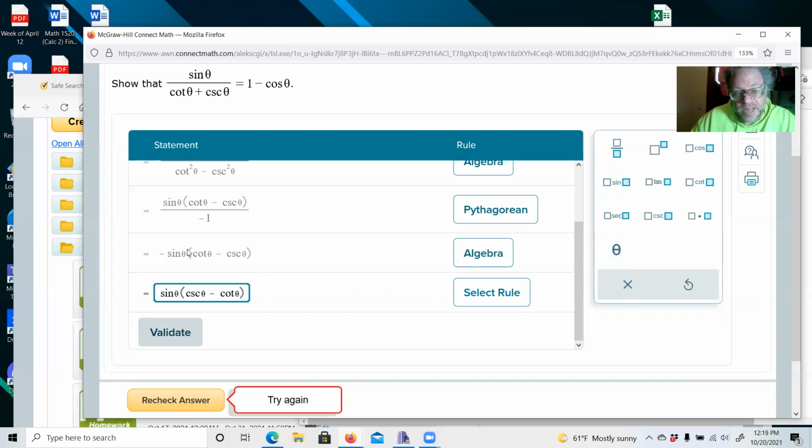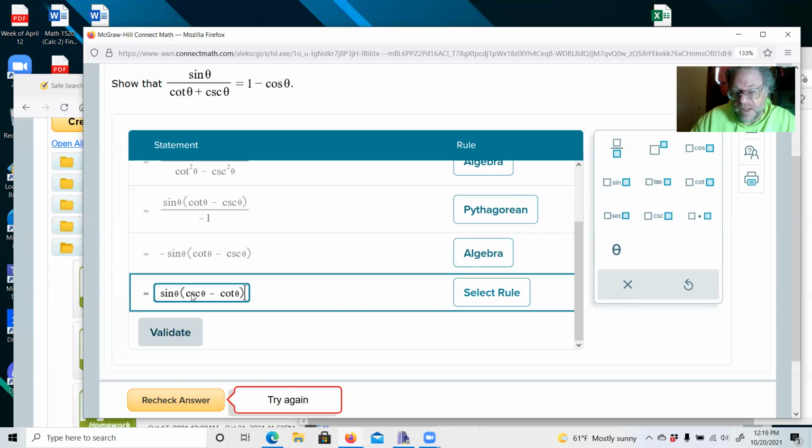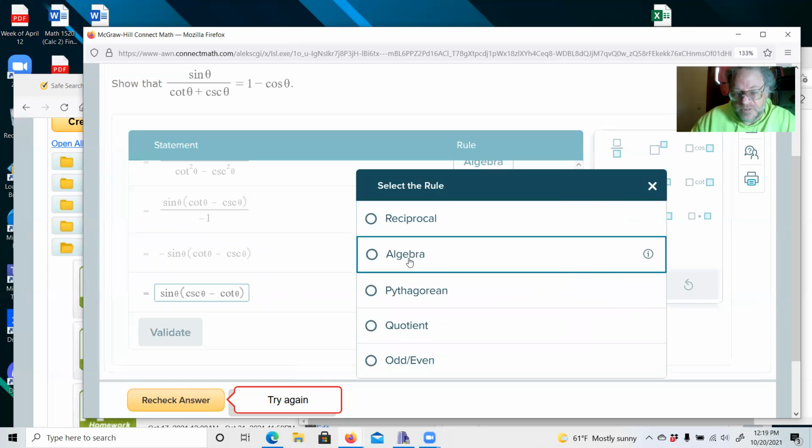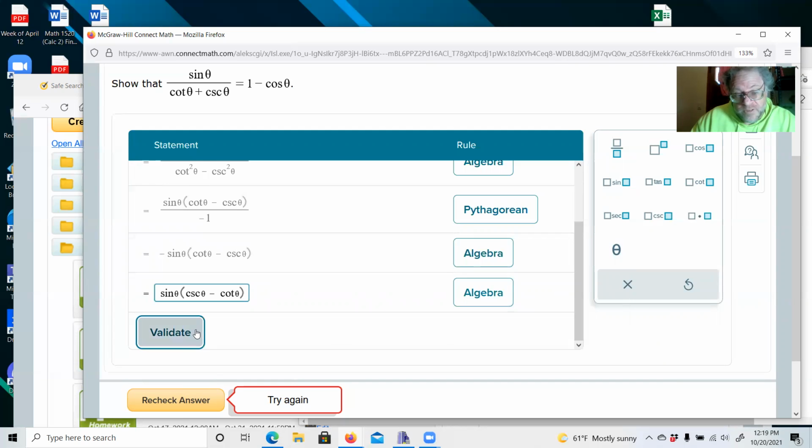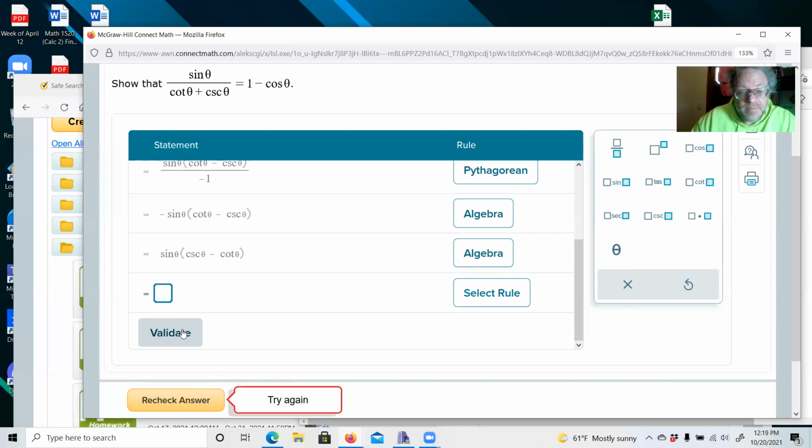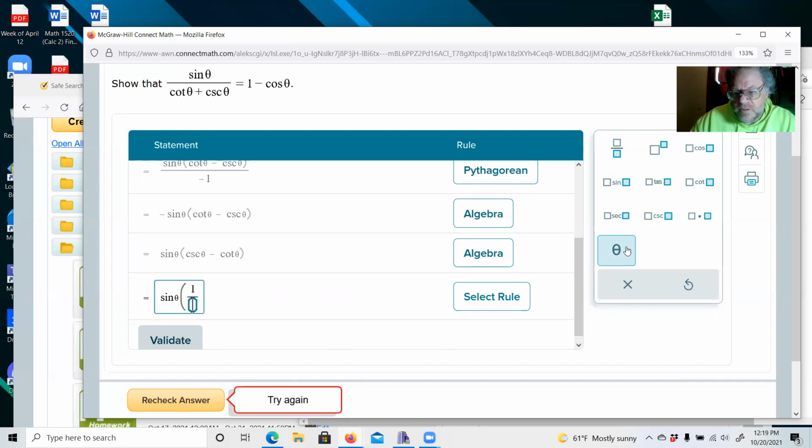So notice the cotangent went negative, and the negative times negative for the cosecant went positive. And again, we used an algebra step. Fingers crossed that they're going to let me do it. Okay, they did. So now this is sine theta times parentheses 1 over sine theta.